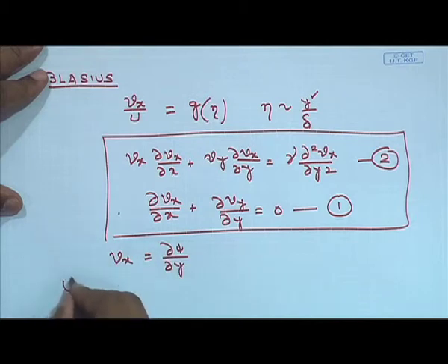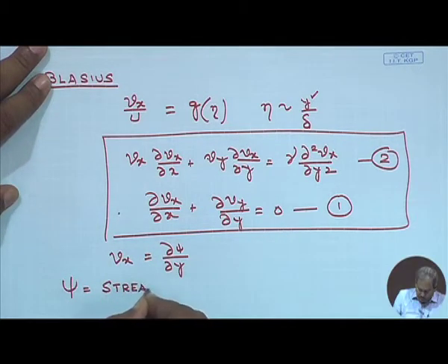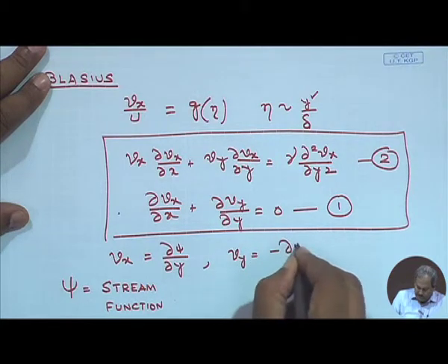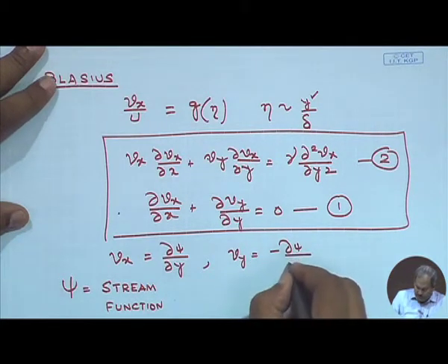But anyway, we know that velocities can be expressed in terms of stream function. So Vx by definition would be del psi by del y, where psi is the stream function, and Vy would be minus del psi by del x.